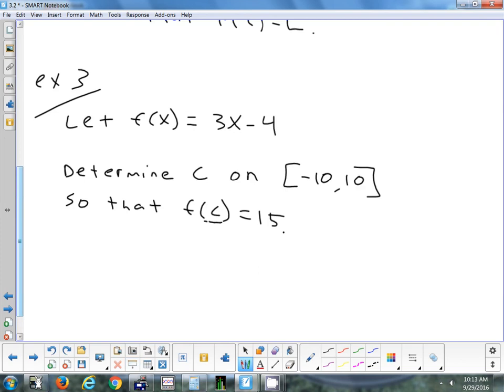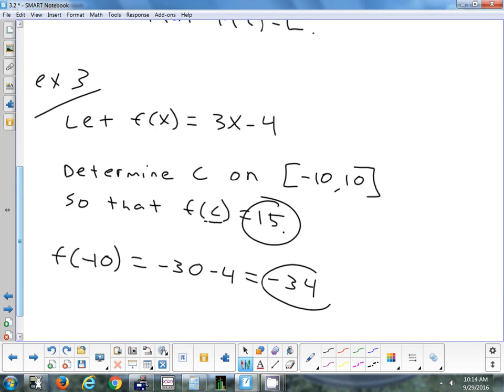So how would you figure out how low y goes? Yeah. Let's plug in -10 for x. And I know I'm starting at -34. And it's a line, so I'm going to go up to, what's the highest value that I'm going to hit?